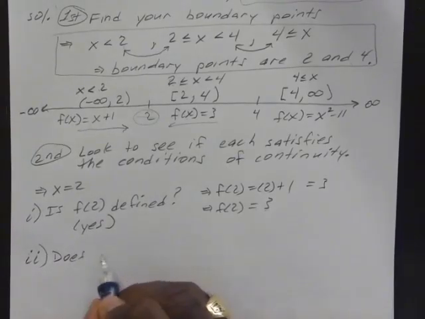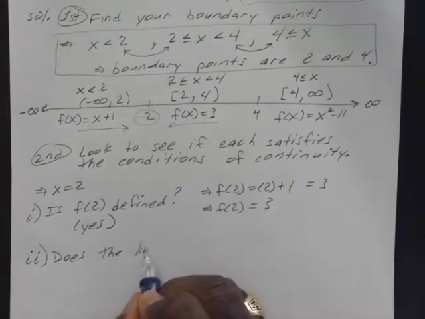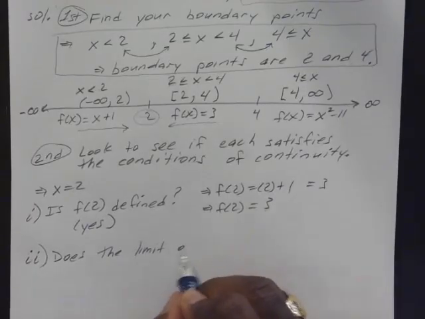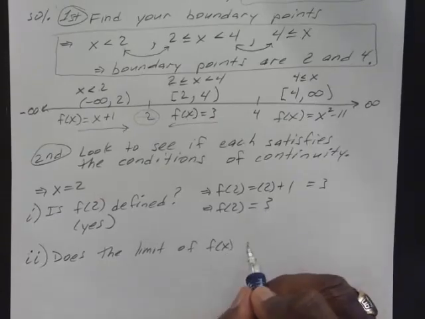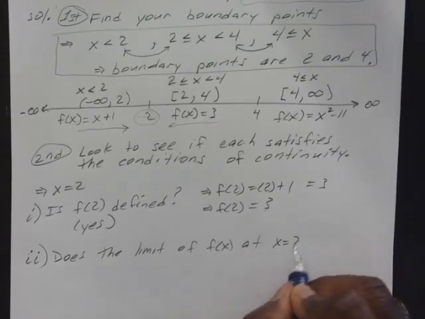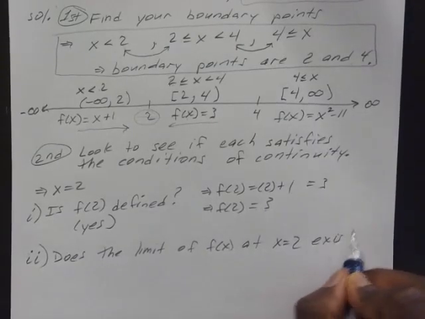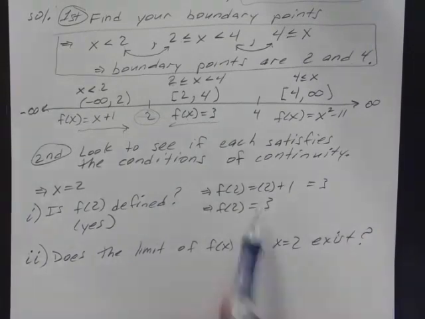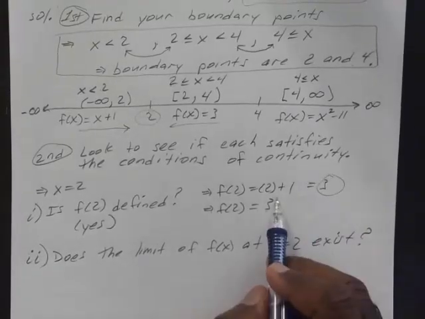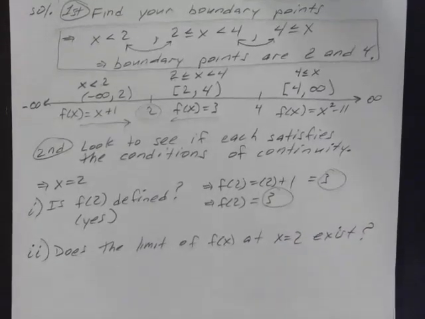You want to know, does the limit of f of x at x equals 2 exist? Shortcut to this is, if these two are equal, then you know the limit exists.